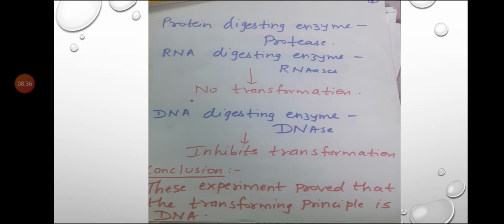After conversion, protein digesting enzyme, that is protease, and RNA digesting enzyme, that is RNase, were added, but no inhibition of transformation was observed. But when DNA digesting enzyme, DNase, was added, it inhibited the transformation process. Hence the conclusion was given that this experiment proved that the transforming principle is nothing but DNA, that something because of which the transformation took place.